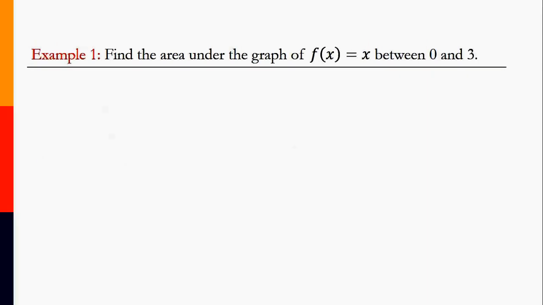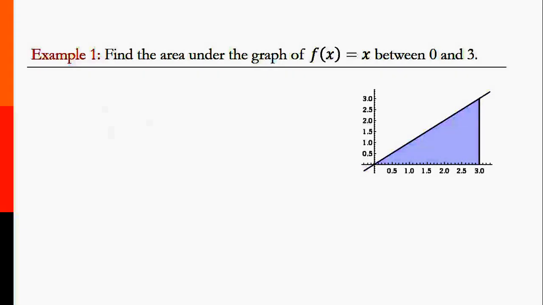Let's take a look at an example of how to apply the fundamental theorem of calculus. If we need to find an area under the curve for f of x equals x between 0 and 3, well, geometrically it's a triangle. So the area is just 1/2 times the base 3 times the height 3 equals 9/2.